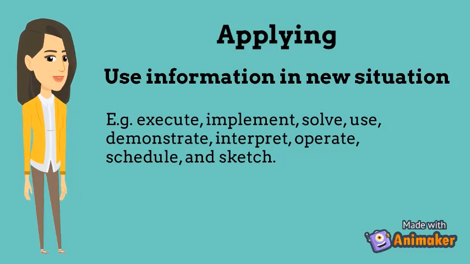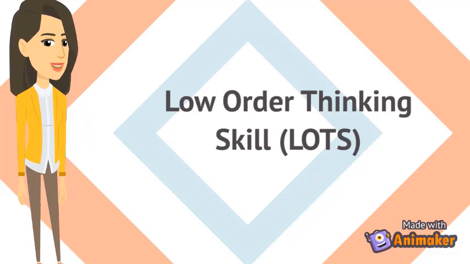Some verbs marking this applying process are execute, implement, solve, use, demonstrate, interpret, operate, schedule, and sketch. So we know a question is in the middle order thinking skills applying process when we see some of those verbs.